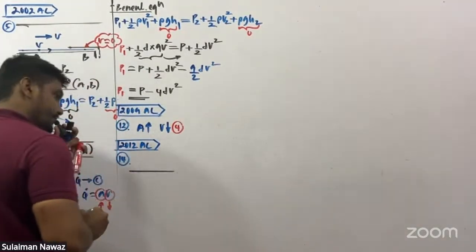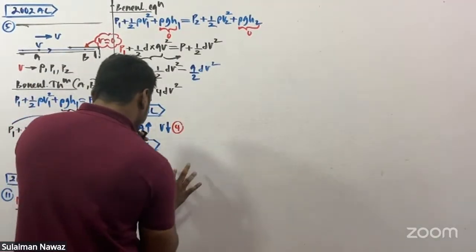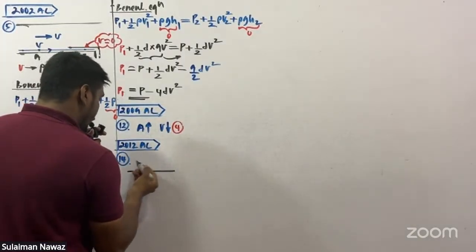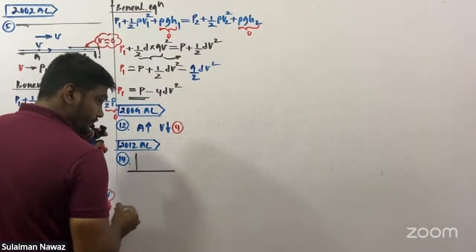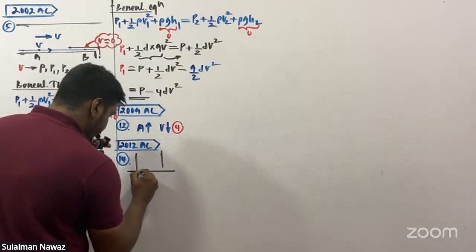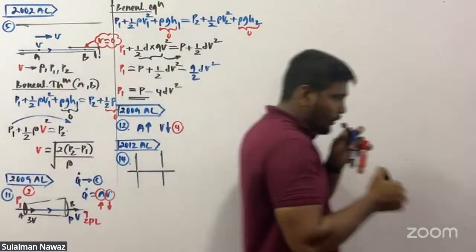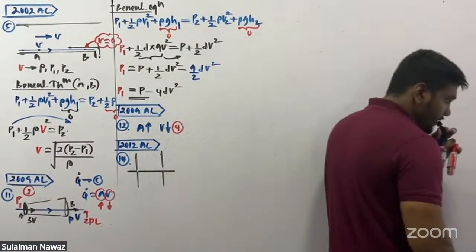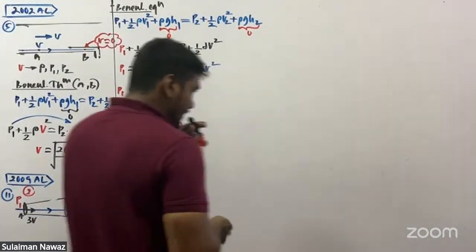There are 4 ropes tied to this sheet: 1, 2, 3, 4. If I name those 4 ropes, rope A and rope D are on this side, as per my understanding.